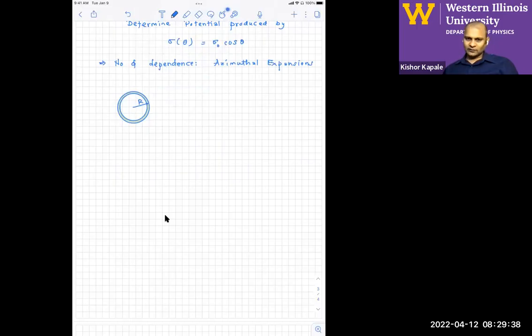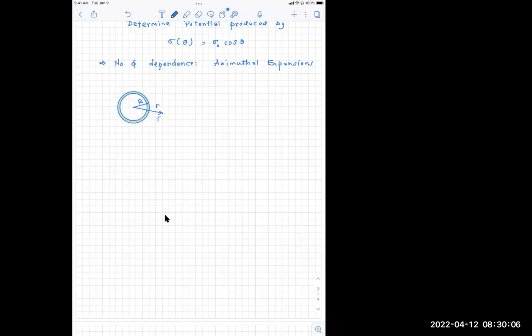And for this now, it depends on where your observation point is. If the observation point is here, what sort of expansion would you use, interior or exterior? Again, I'm trying to make sure the confusion has been removed. Exterior, okay.